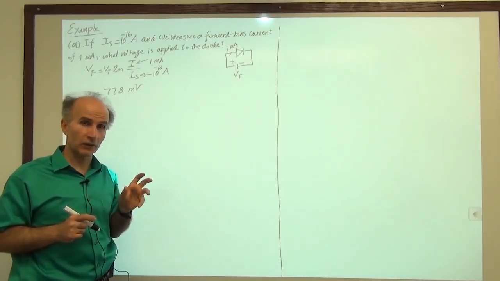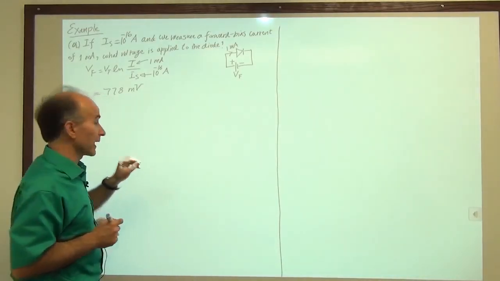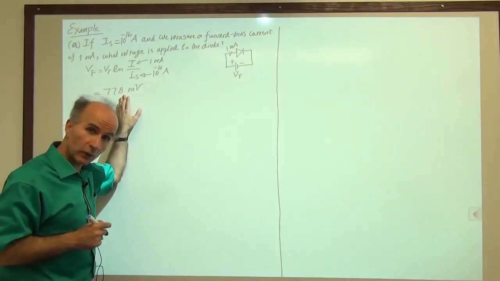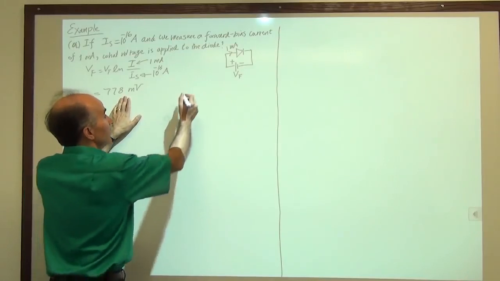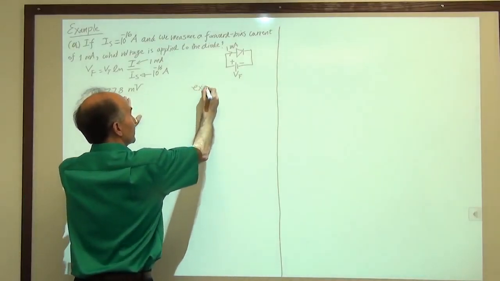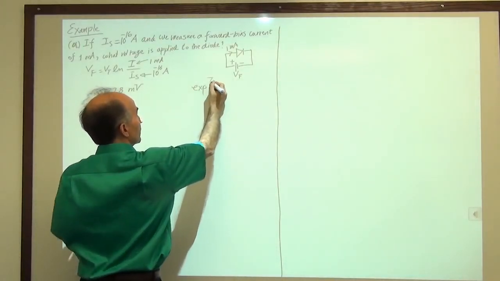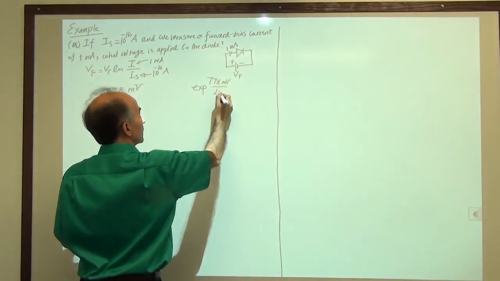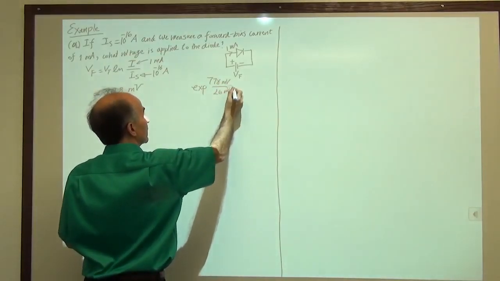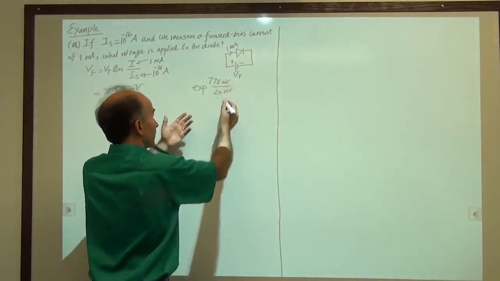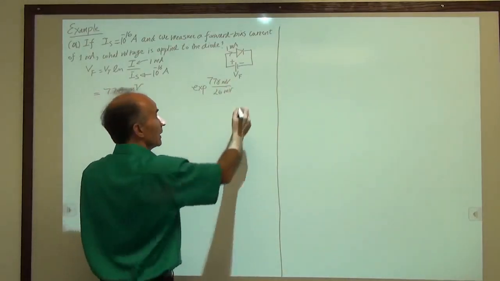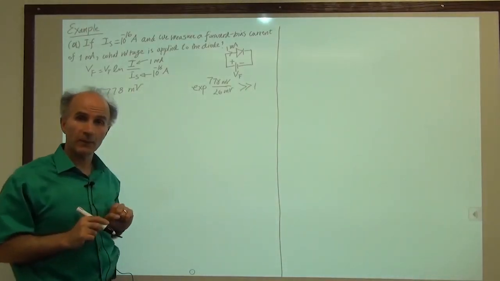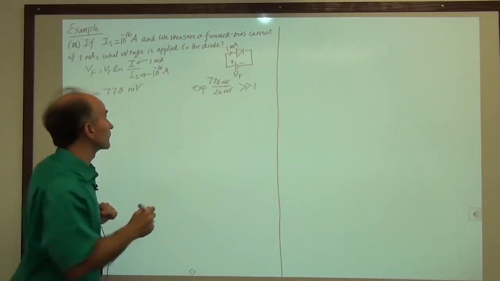Well, we have an exponential. And that exponential will be exponential of 778 millivolts divided by 26 millivolts. Remember that? So we have this term here, exponential of 778 millivolts divided by 26 millivolts. And you're welcome to calculate this. You see that this is gigantic. So it's much greater than 1. So it's a safe approximation that we have made.